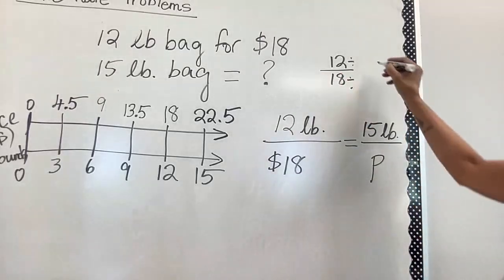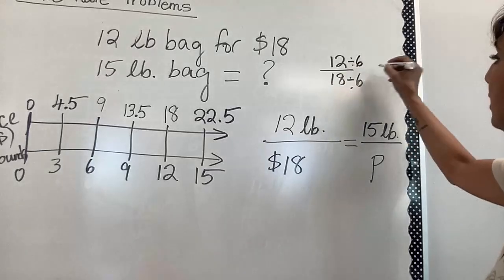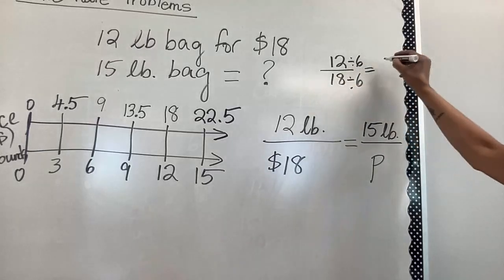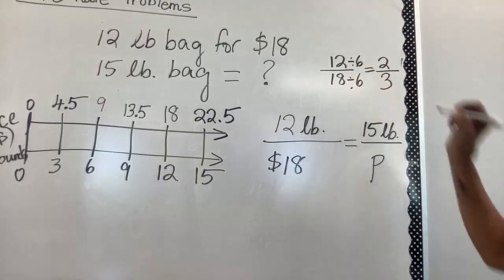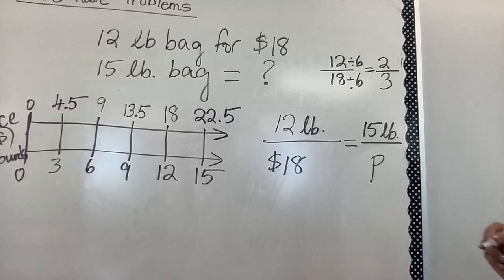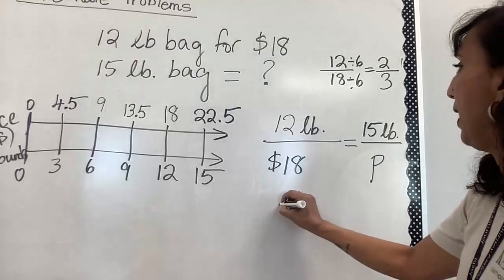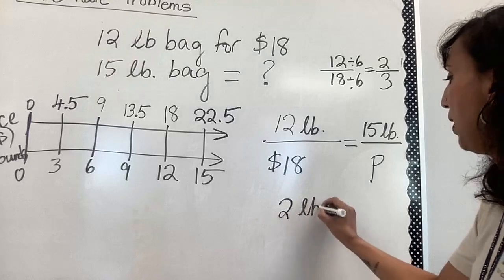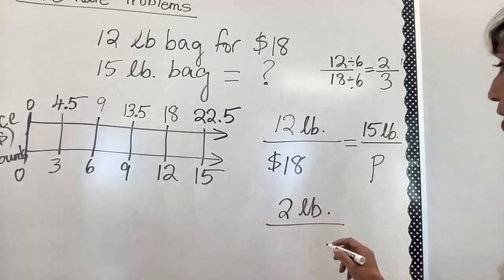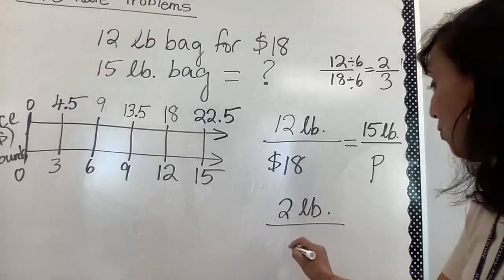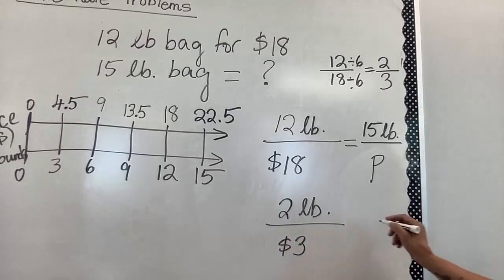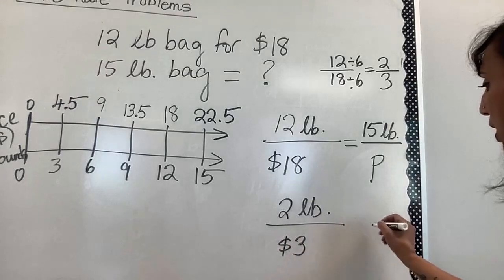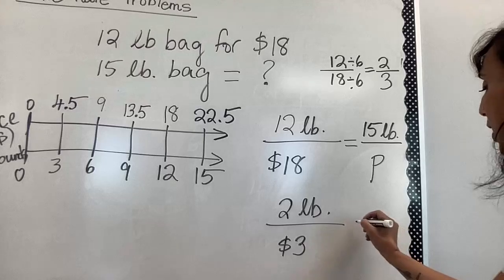So that is why they are divisible by 6. 12 divided by 6 is 2. 18 divided by 6 gives me 3. So for 2 pounds for $3.